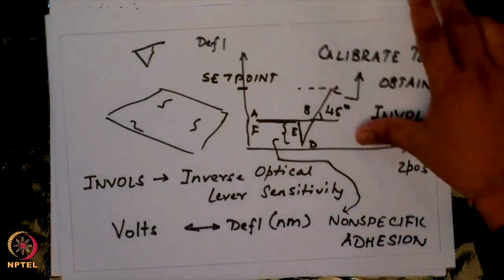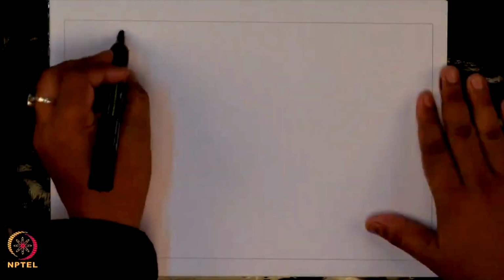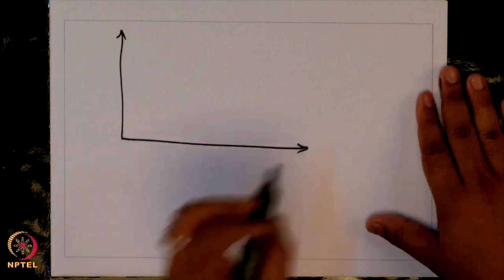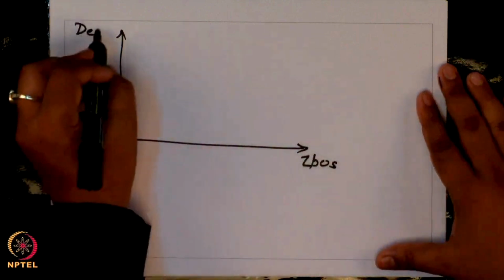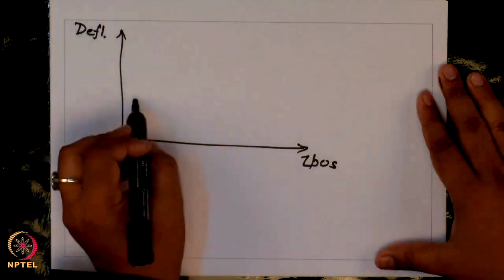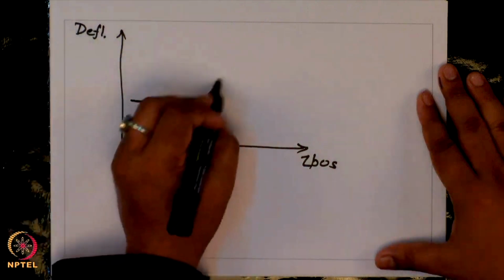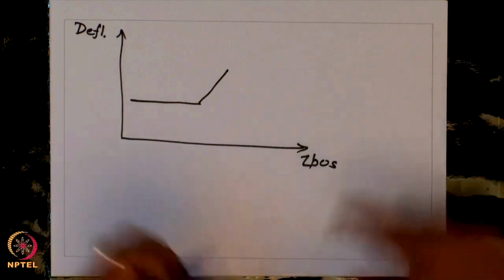Now, imagine you get a force curve like this. I will draw the return with a different color.